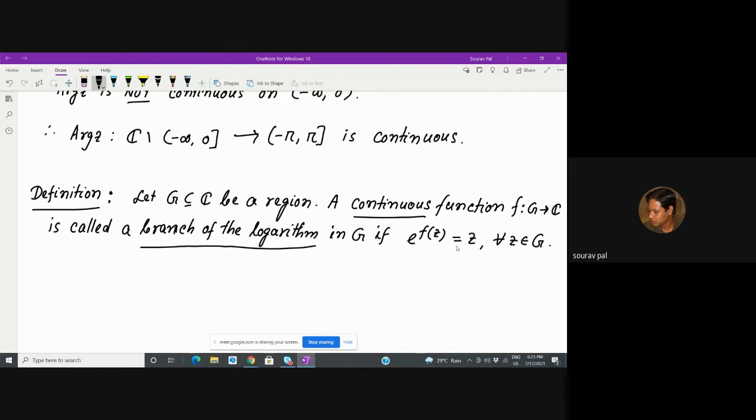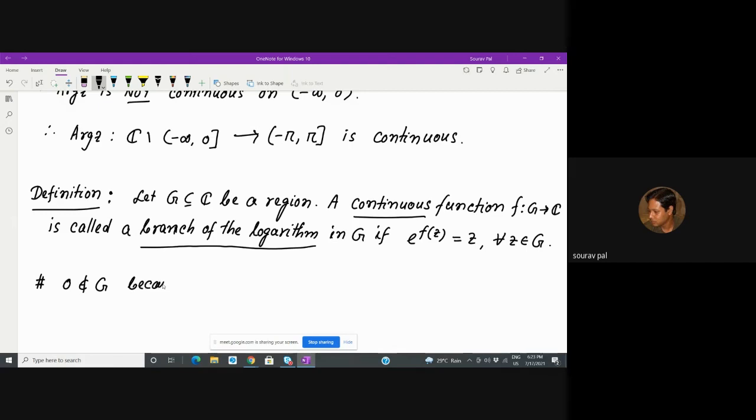So now the first question is, what can you say about this domain G? It is a domain or region in the complex plane, right? So what can you say about this region G? Zero must not be there. Exactly. That is what I wanted. So the first thing is 0 does not belong to G. Why?